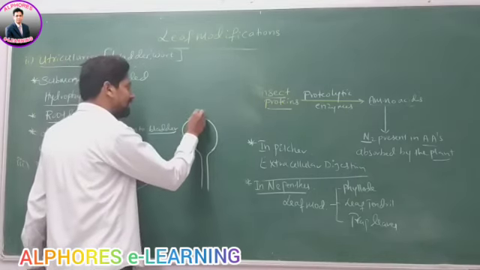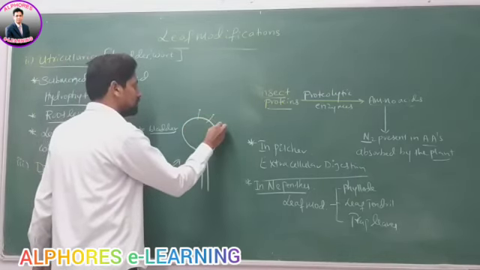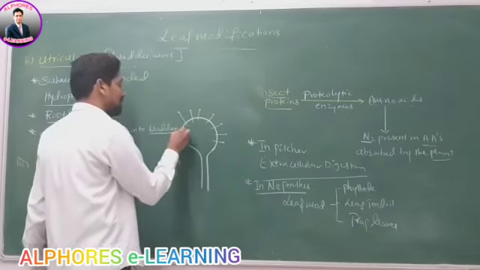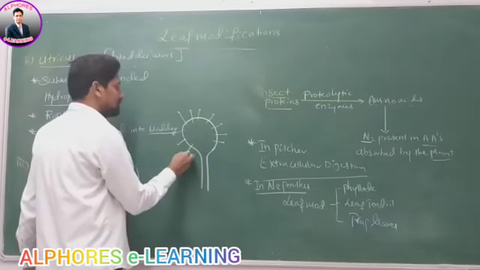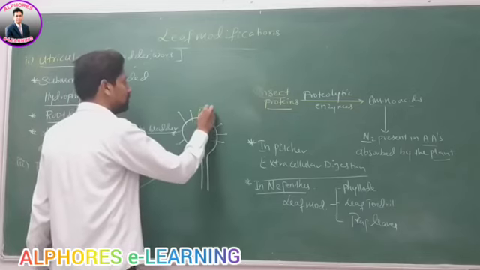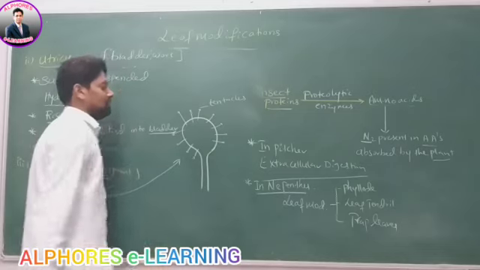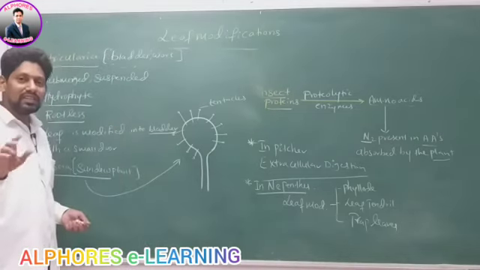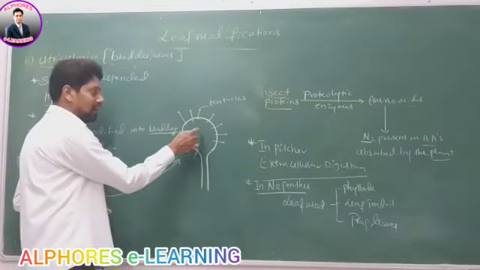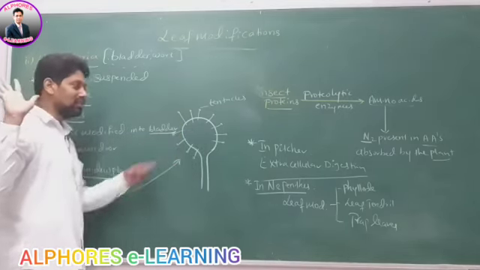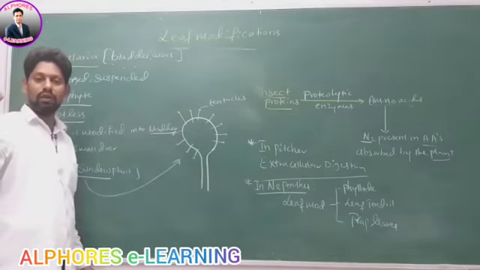On the leaf lamina, you are going to see many tentacles. Is it okay? When an insect comes and sits on the leaf lamina, these tentacles will hold the insect.